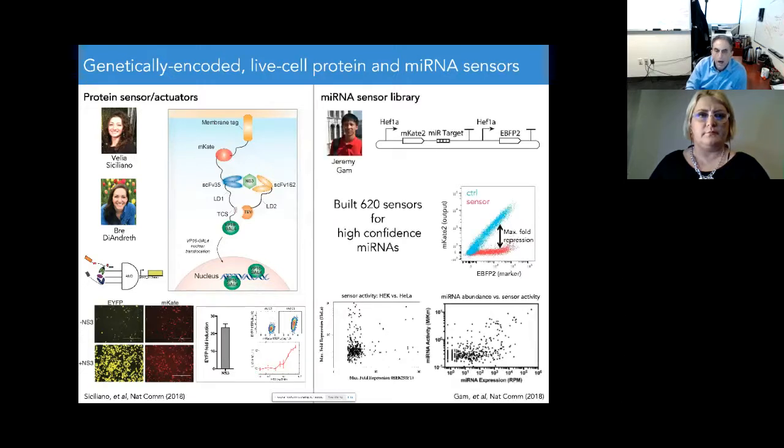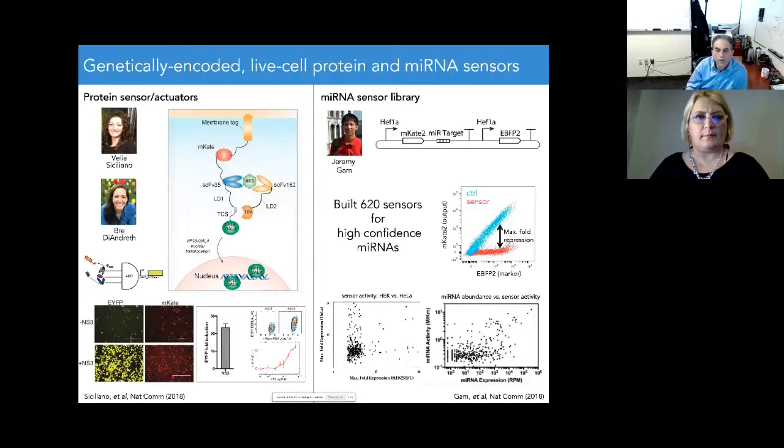Okay. Another kind of sensor is called a microRNA sensor. And the idea here is the microRNAs are important biomarkers in the cell, and they're implicated in many processes, including certain disease processes or normal development.